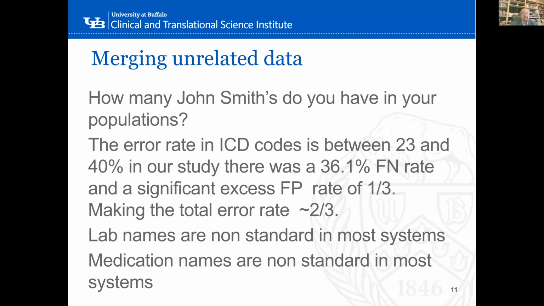And the total error rate may be as much as two-thirds because you have a false positive rate in addition to the false negative rate. Lab names are non-standard in most people's systems, and so people don't use LOINC when they should. Often when you're combining data, this can be a real problem in terms of getting the right data to the database so that you can get an honest count.